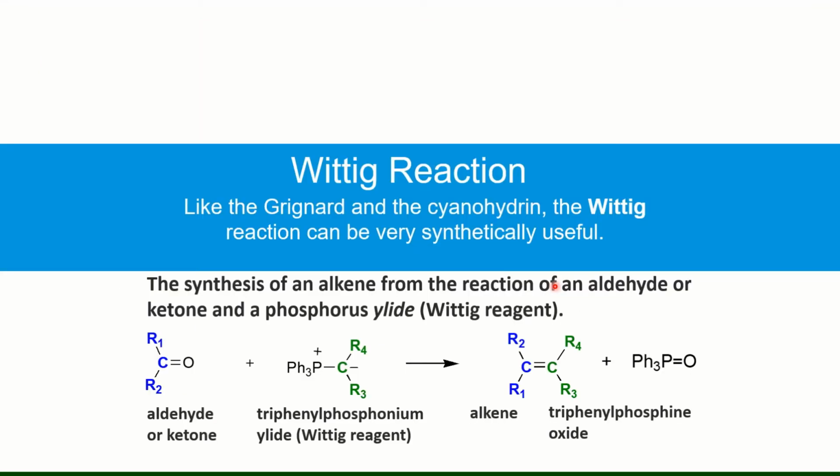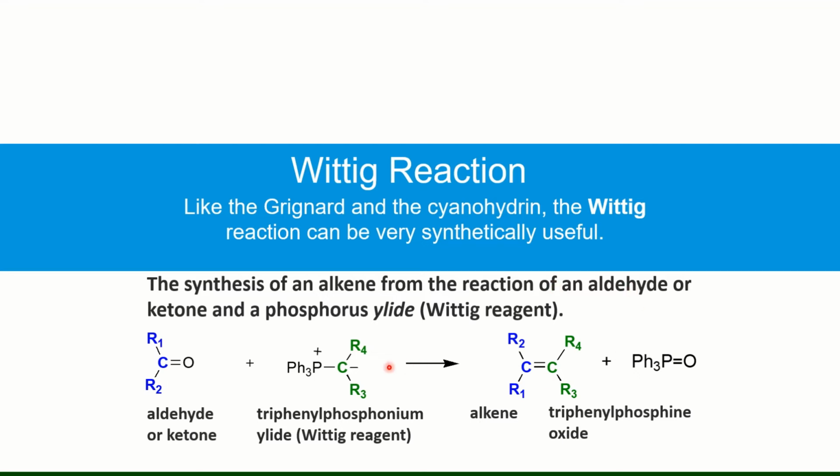So the Wittig is our first named reaction, and if you look closely, like the Grignard and cyanohydrin, we do have a carbanion. So it is a fairly strong nucleophile. So it's a basic event.